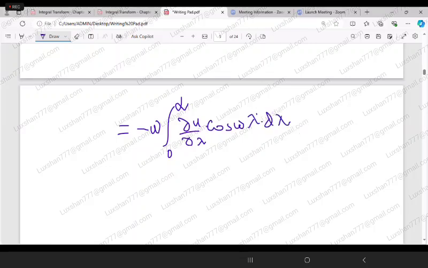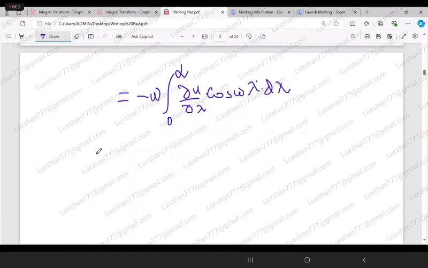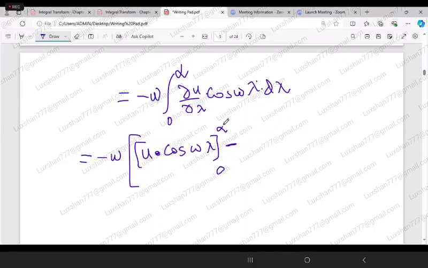This proof is not in your handout. That is why I'm doing it here. So this is equal to, again I'm integrating, minus omega into, I'm integrating this one, so that becomes u, into cos(ωλ), minus, and I want to substitute the values, 0 to infinity, the variable lambda is 0 to infinity.